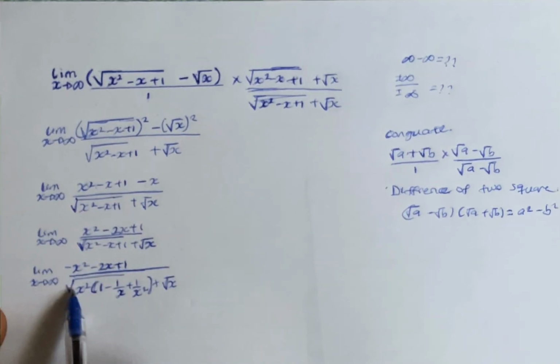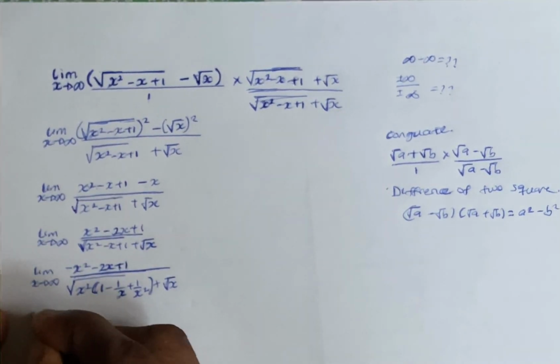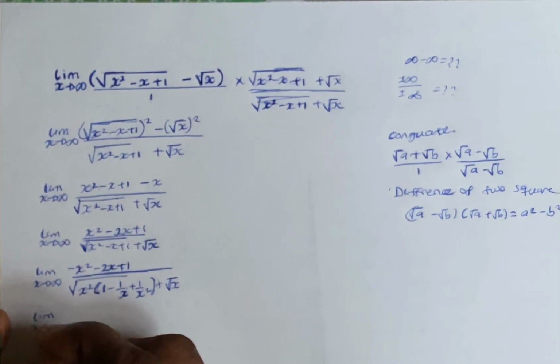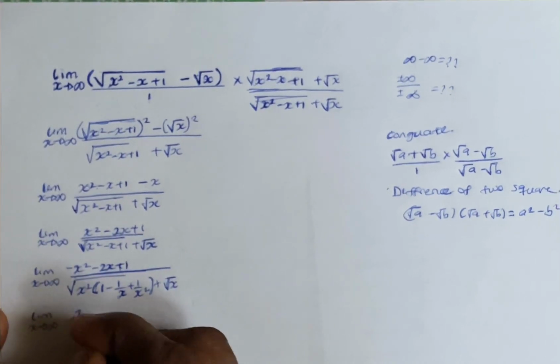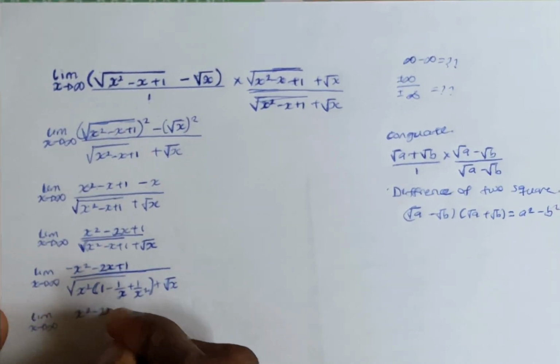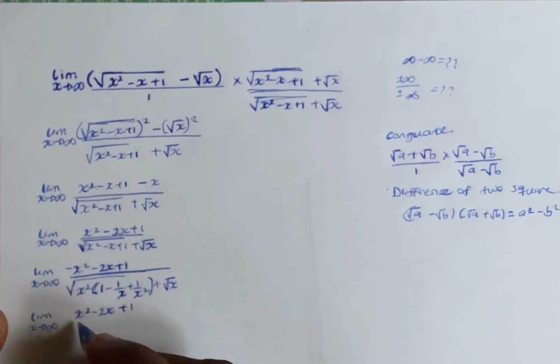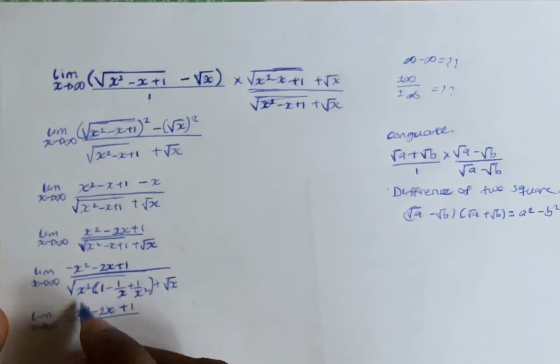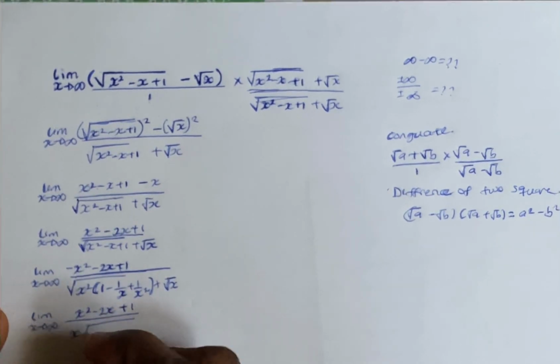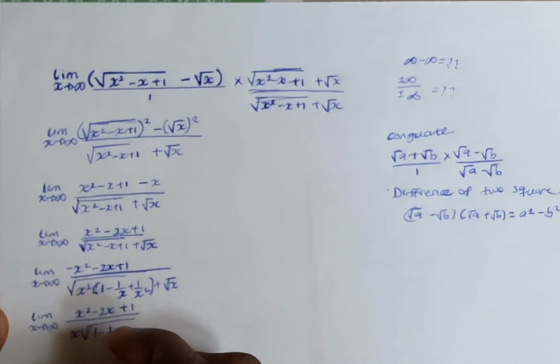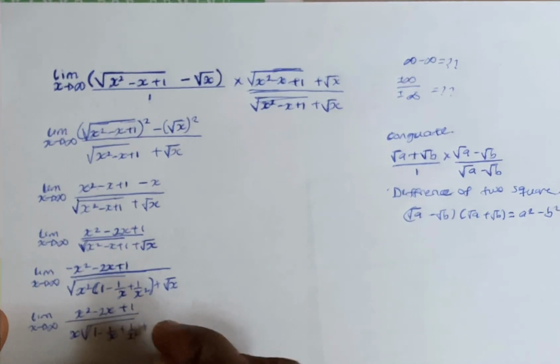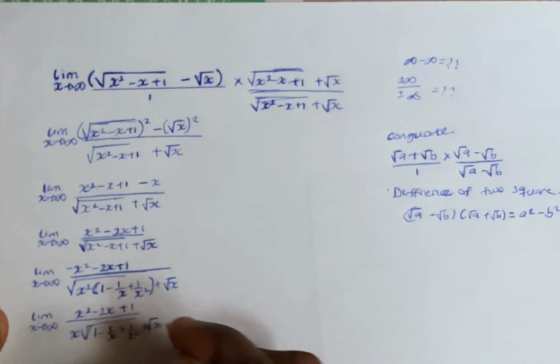Now we pass the x squared out of the root, so x approaches infinity, we have x squared minus 2x plus 1 all over, square root of x squared, that should give us x, times root of 1 minus 1 over x plus 1 over x squared, plus square root of x.